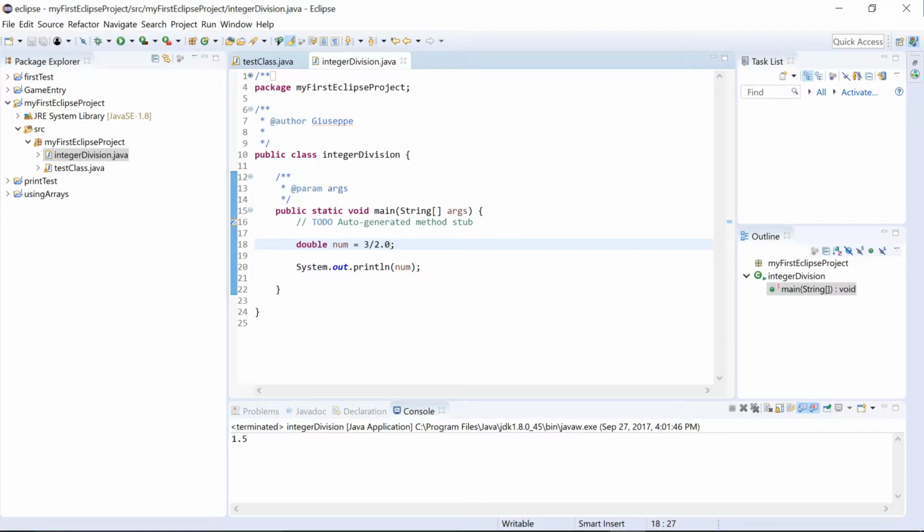Now we're storing it in a double type, and we have 3, which is an integer, but we're dividing it by a double, so it outputs the correct answer. That's how integer division kind of works. Since doubles are larger in terms of memory, Java does return the correct double here.